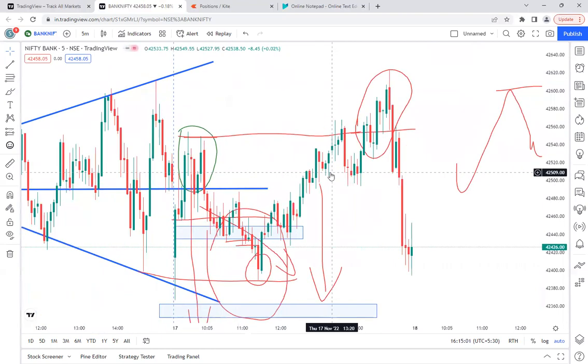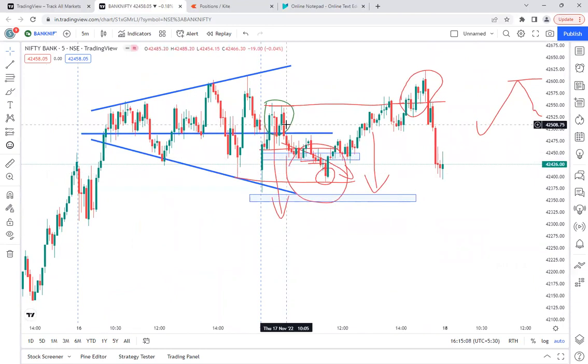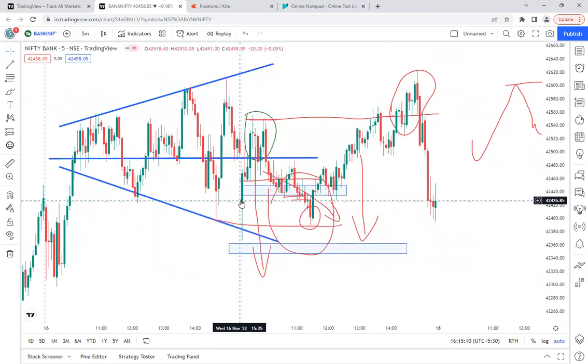I also want to highlight that opinions or plans change in intraday. From 9:15 a.m. to 2 p.m., almost 5 hours, I was looking for the selling option only, but by seeing the price action, I changed my plan and went to buy the call option.